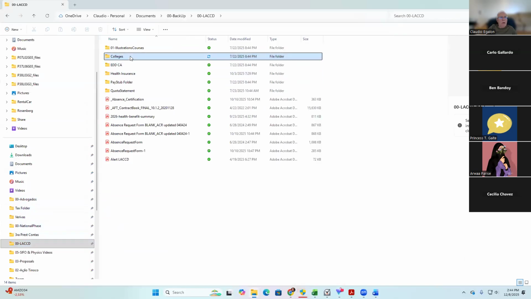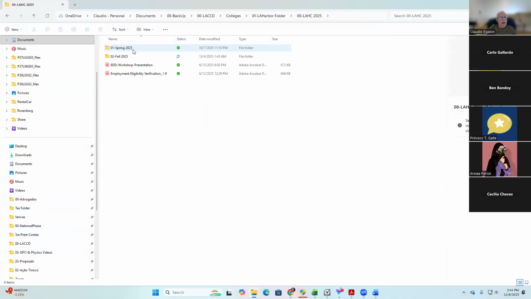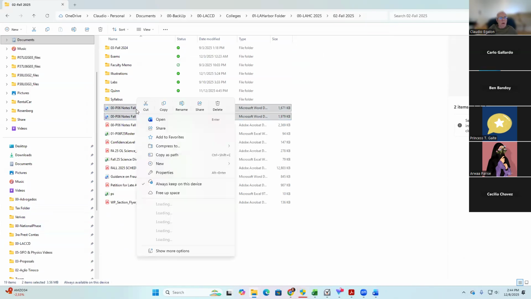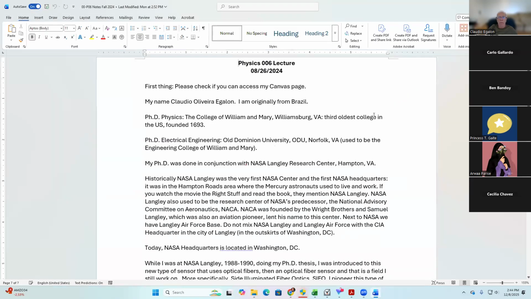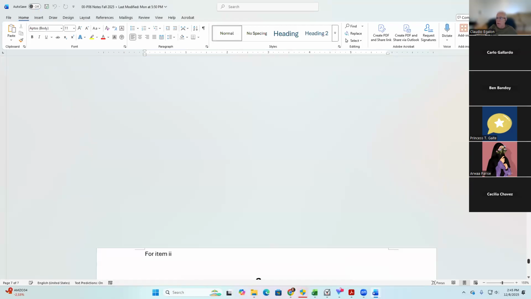LACCD, the college, LA Harbor, fall 25. And we have those notes here. Move here to this side. And let's see where we stop in the notes.